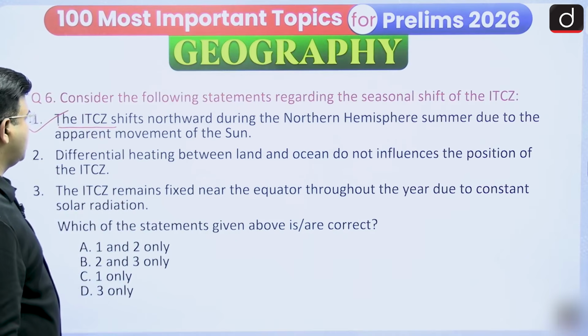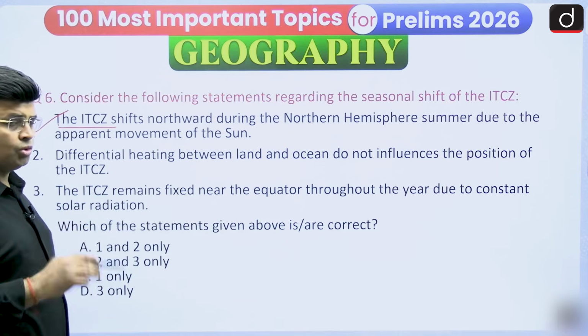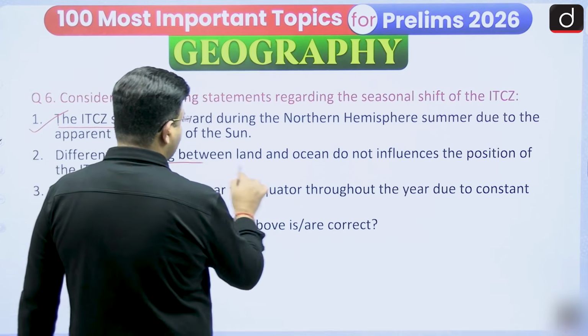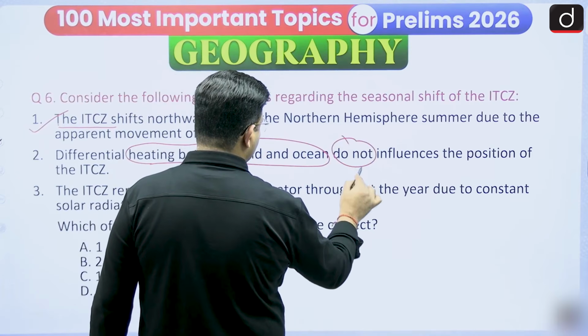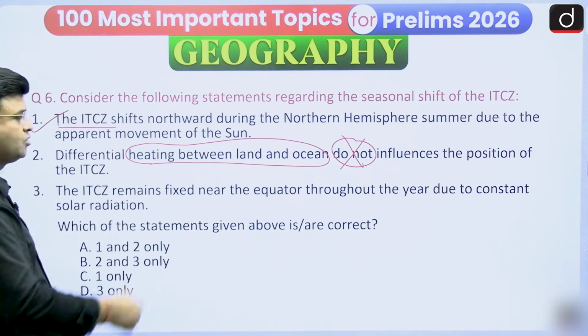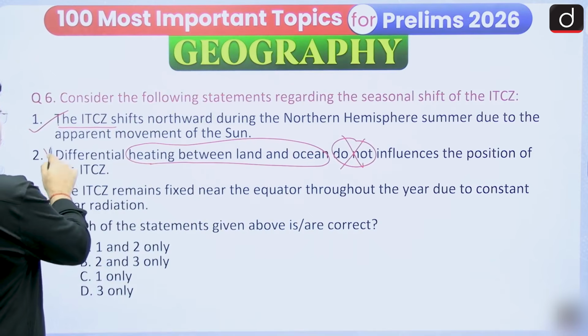And the differential heating between land and ocean does not influence the position of the ITCZ. No, it influences. So if it says 'does not', this is wrong. The ITCZ is also influenced by land and ocean heating. So this statement is wrong.